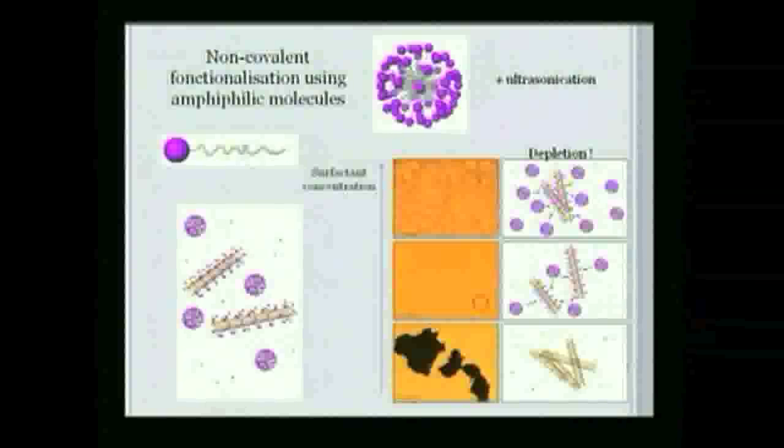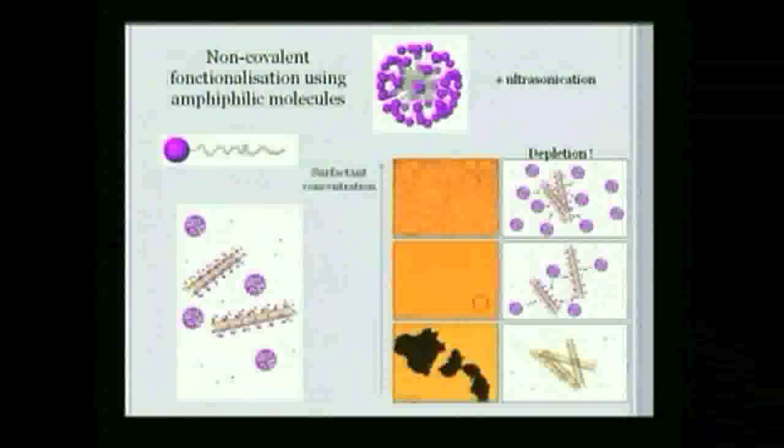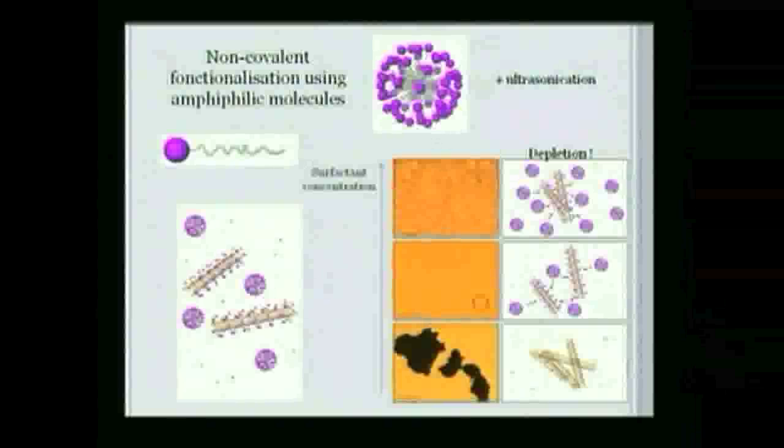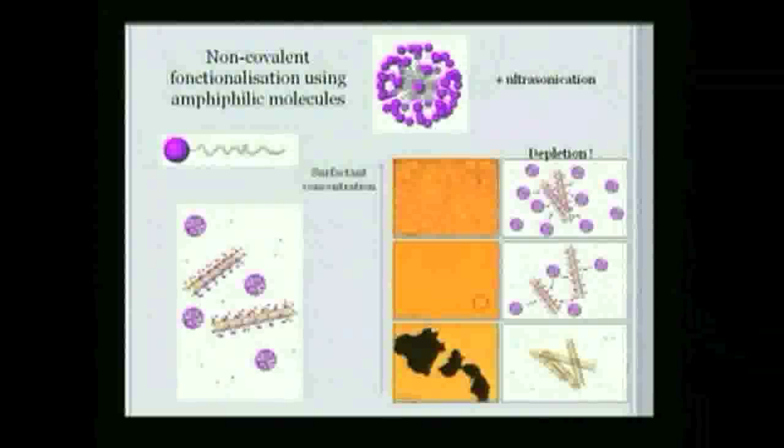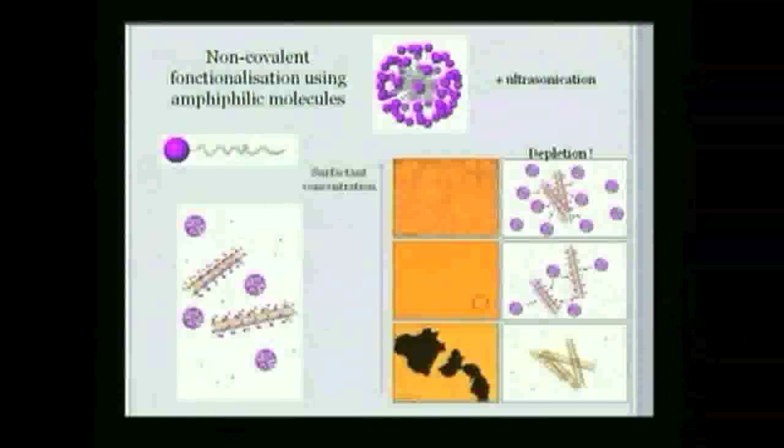And generally, when you calculate this, whatever the size of the particle, whatever the quantity, you always have to be above the CMC. If you are below the CMC, you don't have enough surfactant to cover your nanoparticles. So you have to be above the CMC. You have a possible range, but you have seen that you don't have to be at too high a surfactant concentration because of this depletion effect. It's clear? Yeah.